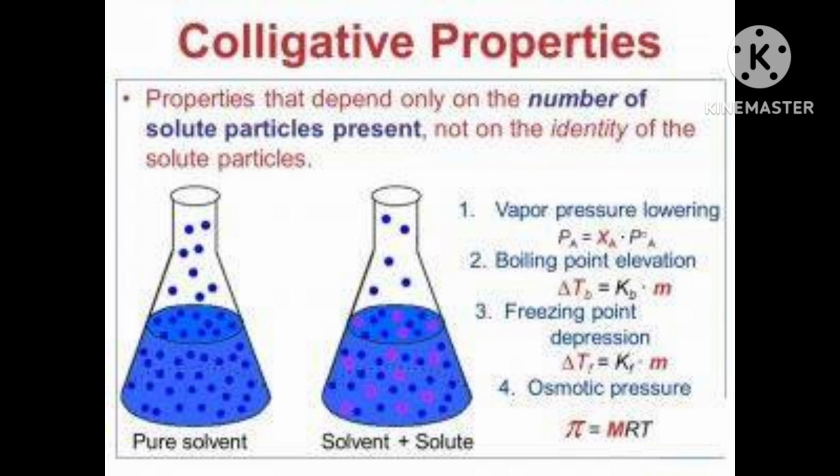There are 4 colligative properties. First property is the relative lowering of vapor pressure of the solvent. Second is depression of freezing point of the solvent.